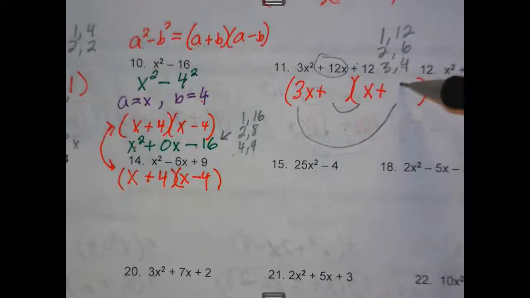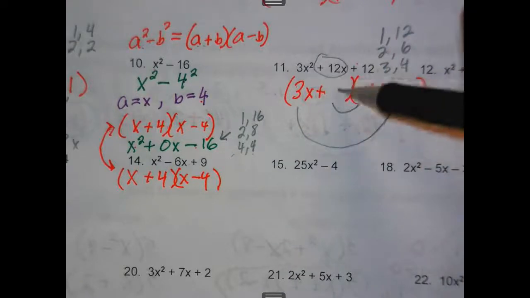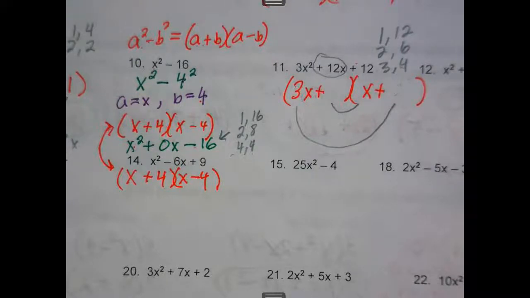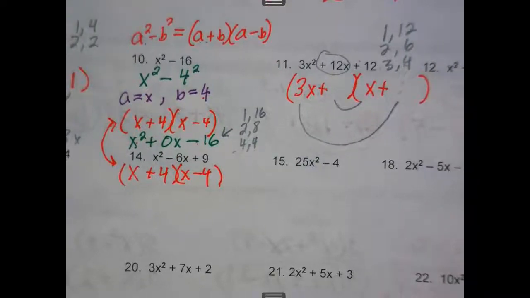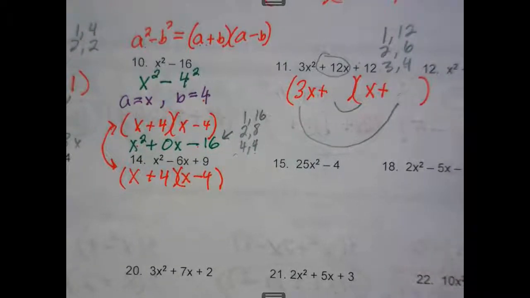So 3 here. It can't be a 4 because 4 times 3 is 12, and there's no room for this guy. Whatever you want to do. Which one? You might have to do it a couple of times. 3 times 2.